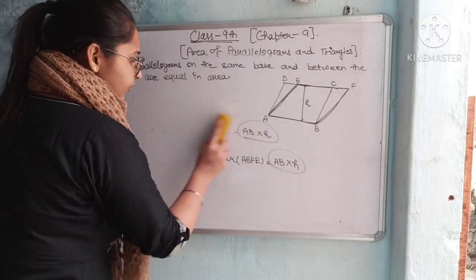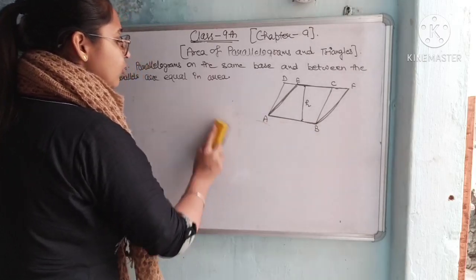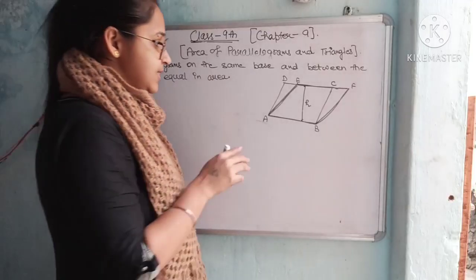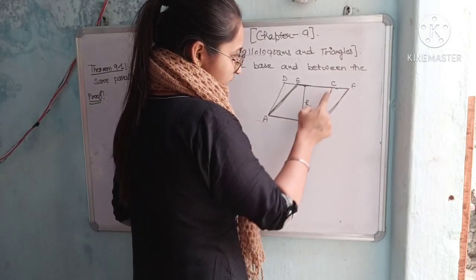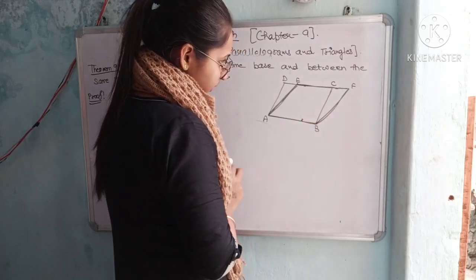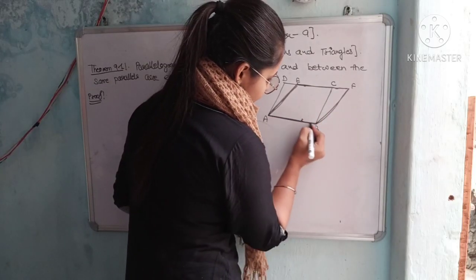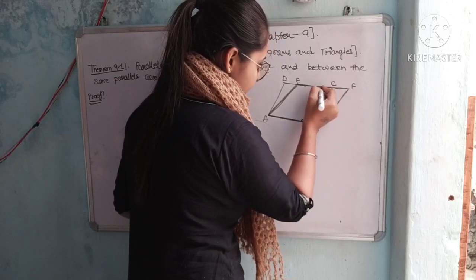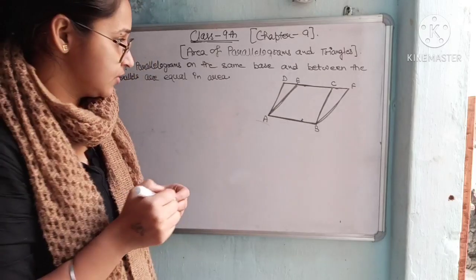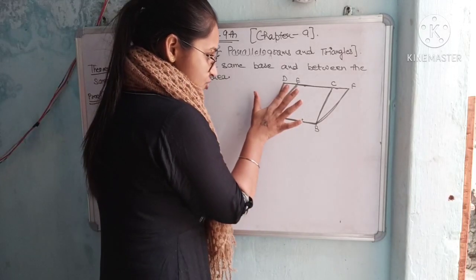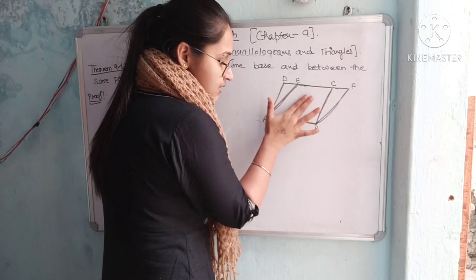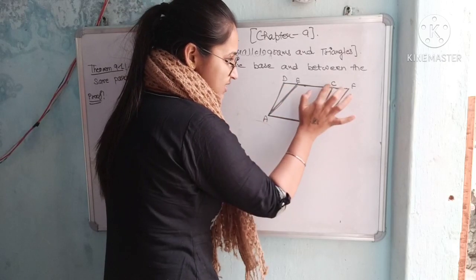Now, for giving the general proof, first of all, see where is ABCD. This parallelogram ABCD is made up of two figures. The first figure is this triangle ADE, and the second is a quadrilateral ABCE.